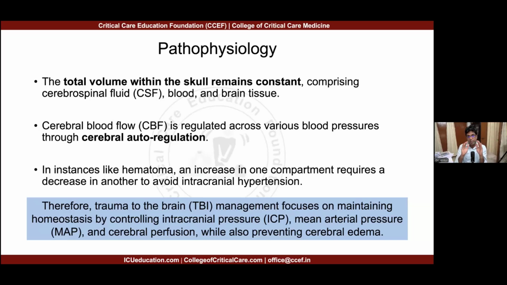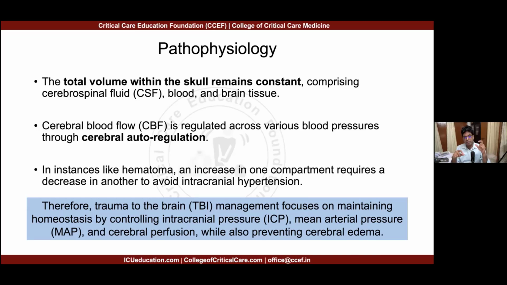So cerebral perfusion pressure is maintained by cerebral autoregulation, and this is the mechanism which is lost during traumatic brain injuries, because of the disruption of the blood-brain barrier, extra tissue inside the brain, extra blood inside the brain, extra infection inside the brain, and therefore the cerebral autoregulation fails.